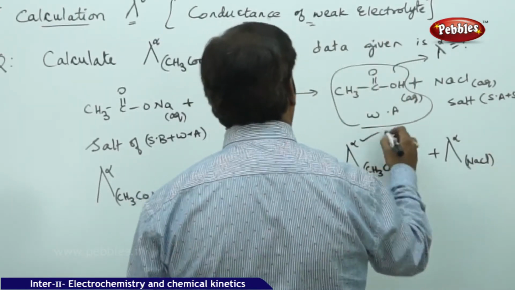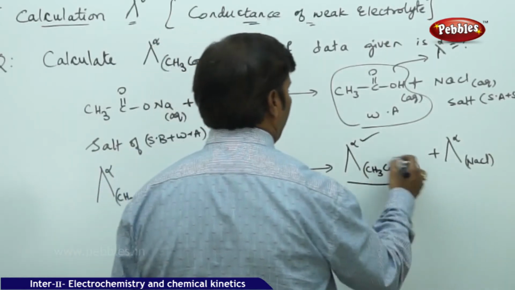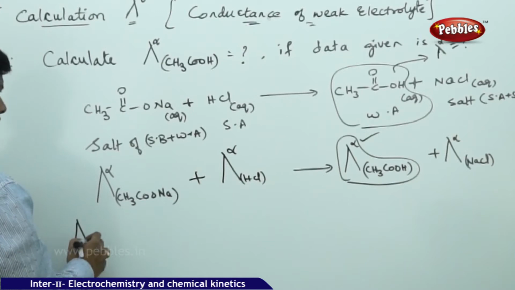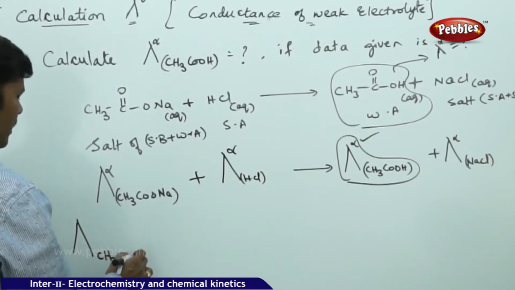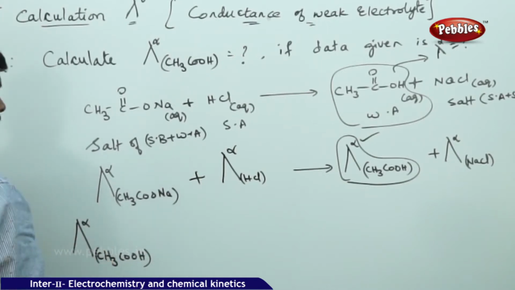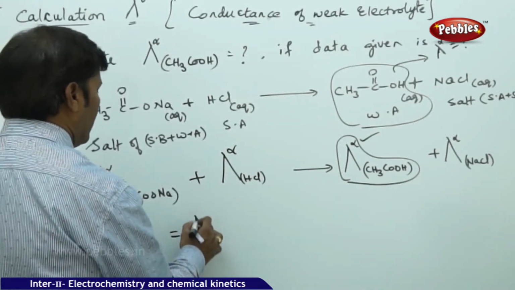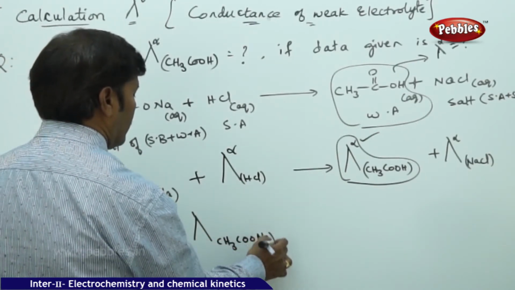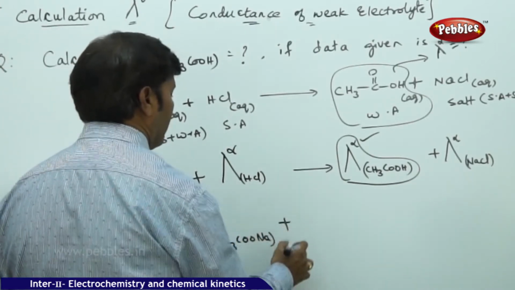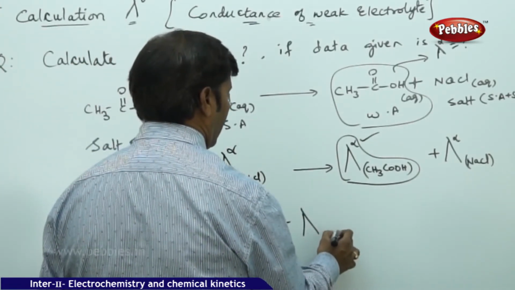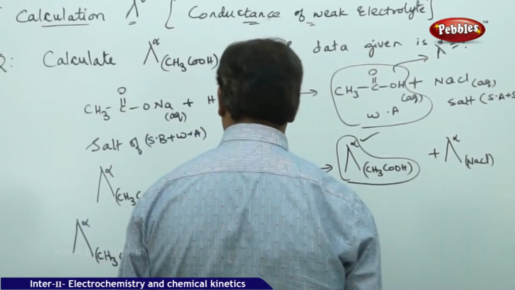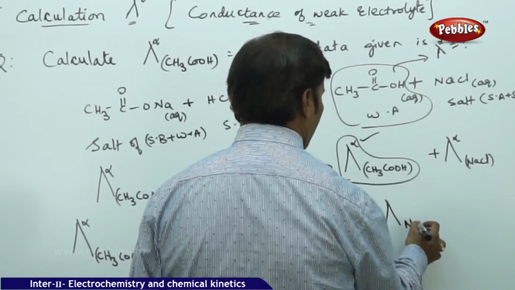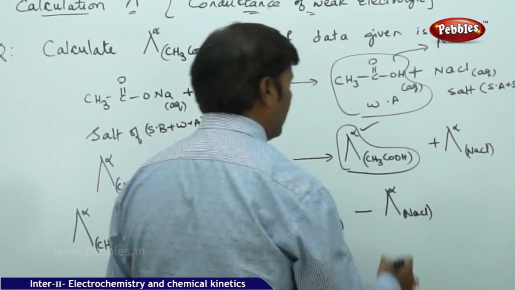Now that we want to calculate the equivalent conductance of acetic acid at infinite dilution, therefore the equivalent conductance of acetic acid at infinite dilution is equal to the equivalent conductance of sodium acetate at infinite dilution plus the equivalent conductance of HCl at infinite dilution minus the equivalent conductance of sodium chloride at infinite dilution.